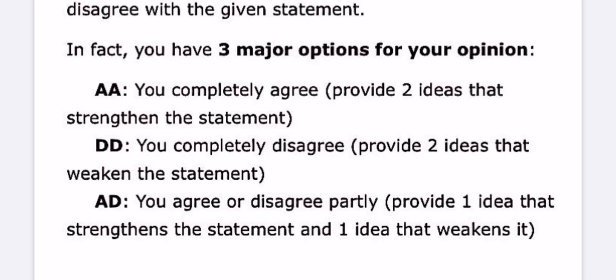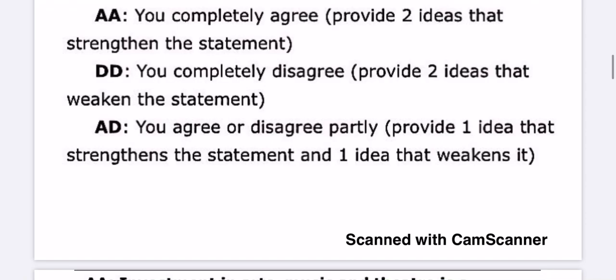My all-time favorite is partly, and whenever it is a to what extent essay, I always follow this rule, that I partly agree with the statement. This gives you more room for discussion, and you do not get short of synonyms when you are discussing certain things. So I follow this AD formula, but you can follow AA or DD also, but for me the third kind of formula works more.